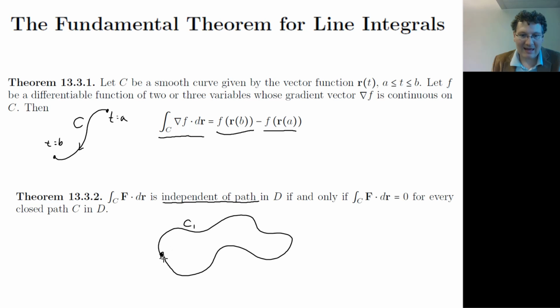If we're starting and ending at the same point, then r of a equals r of b. It doesn't matter what curve we follow: if the closed path line integral is always 0, then the line integral is independent of path. Likewise, if it's independent of path, then the line integral over every single closed path is always going to be 0.